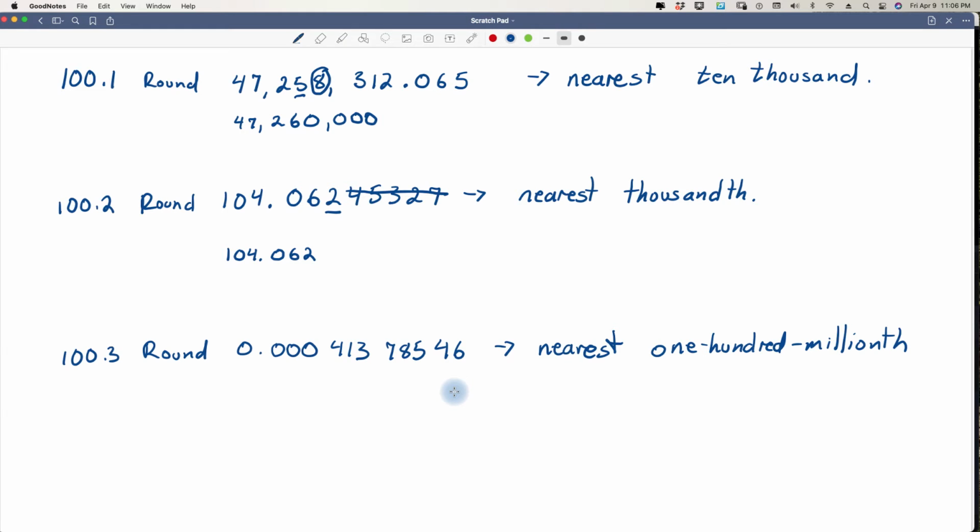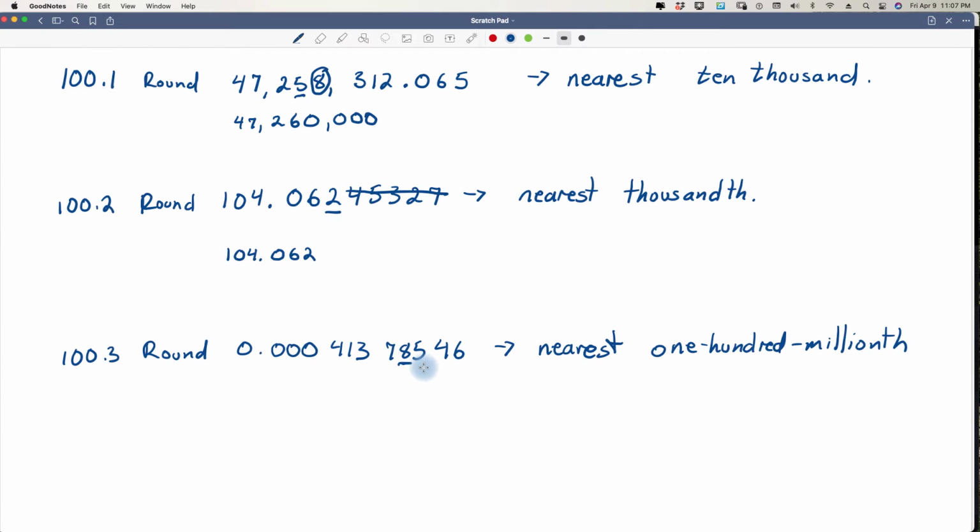All we need to do is find the 100 millionth place. And in that case, we're going to go 10th, 100th, 1000th, 10,000th, 100,000th, millionth, 10 millionth, 100 millionth. That's going to be the 8. So we're looking at the 8. To the right of that number, we have a 5.